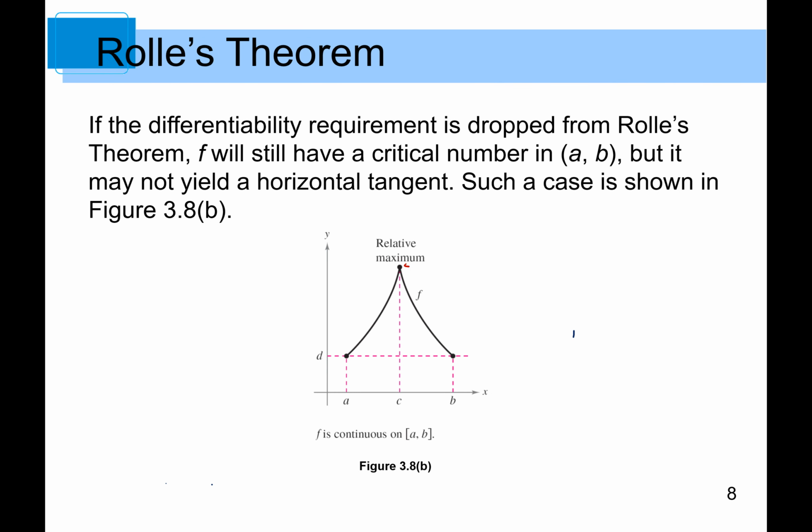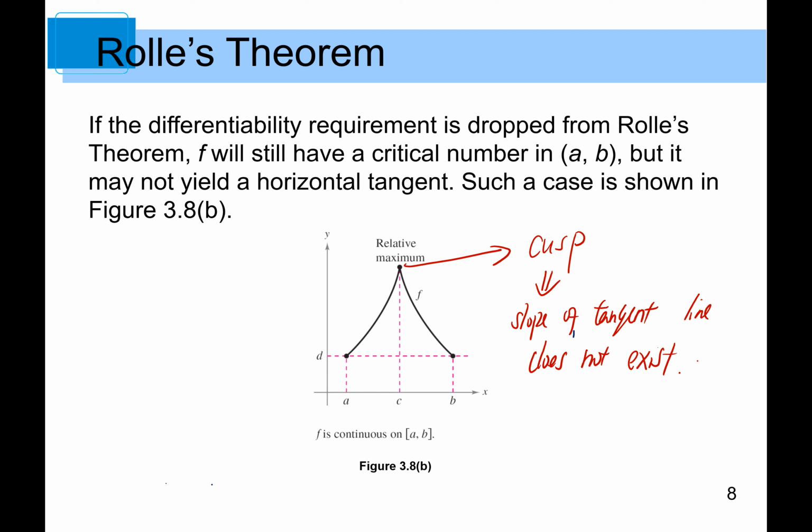This is a typical cusp, and the slope of the tangent line does not exist at that point. But still we have a relative maximum here, even though there's no horizontal tangent.